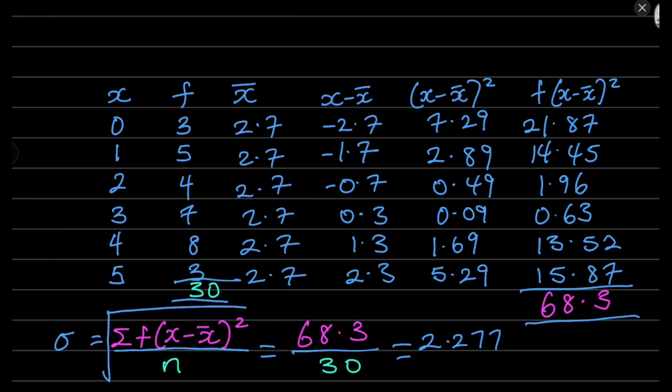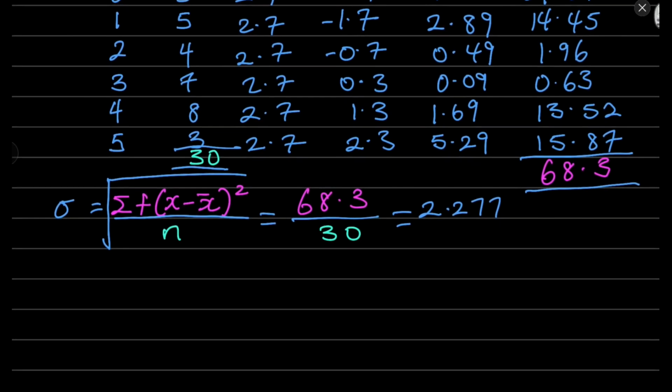Keep this. Now that we've found our standard deviation, you may also need to find your variance. To find your variance, it is simply the square of your standard deviation, and we know that this is our standard deviation right here.